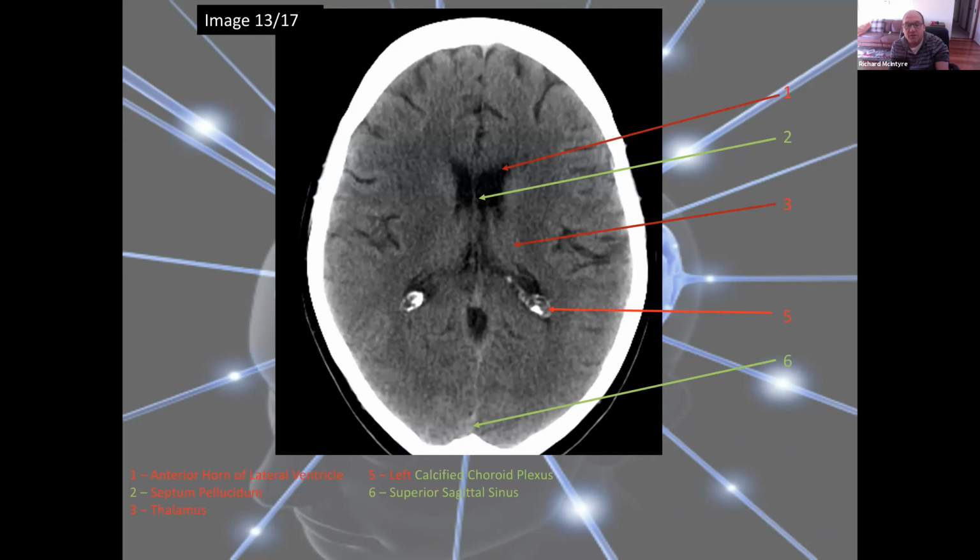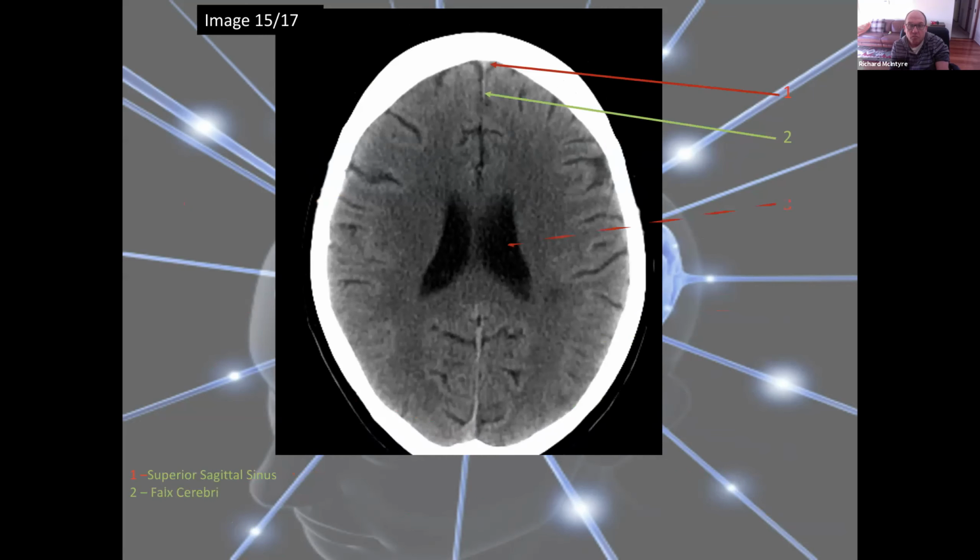Same sort of structures. We've got the superior sagittal sinus. Okay, so we've seen the blood go up through the arteries. Now we've seen the blood come down again. That's our corpus callosum. And it's the splenium of the corpus callosum.